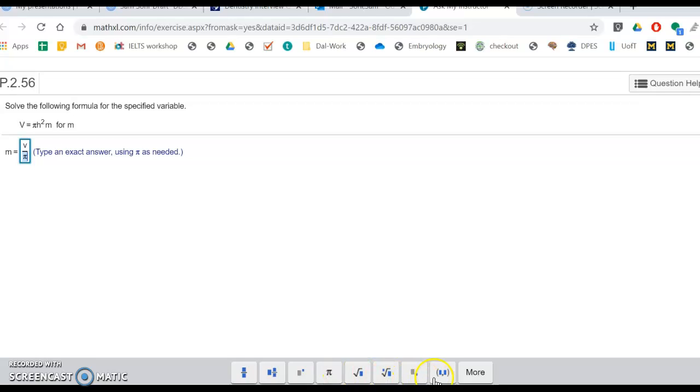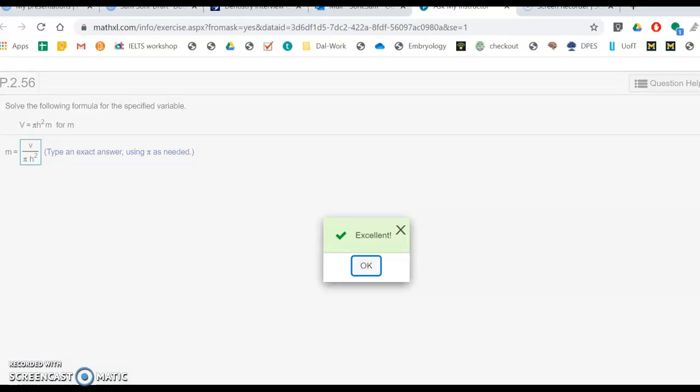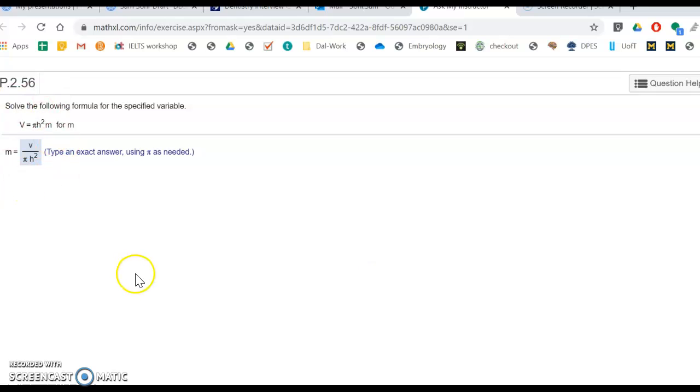Then after pi, we want to put a space and write h, and then with h we want something in power, so h square. So mostly it's about feeding the answer. If you feed it right in the Pearson MyMathLab, then you would get the result correctly.